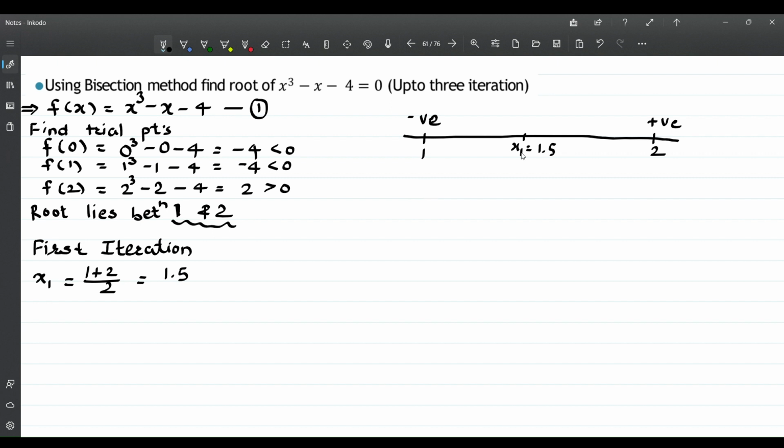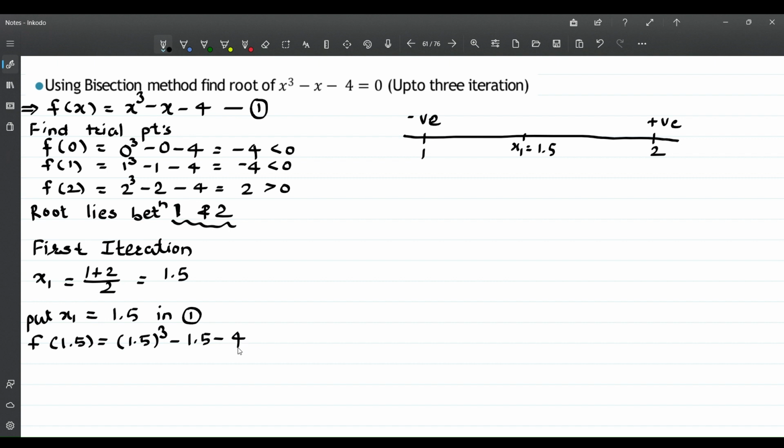We have to check whether this 1.5 is on the negative side or positive side, so we have to put this x1 in equation 1. We have to put this value in equation 1. Then f of 1.5 is equal to 1.5 cube minus 1.5 minus 4.